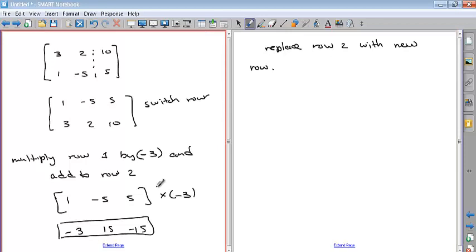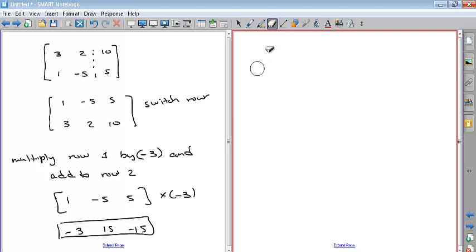Actually, I'm not going to do that yet. So I've multiplied it by -3, but I haven't done the next step, which is to add it. So I'm going to take this multiple of row 1 and add it to row 2, which is 3, 2, 10.